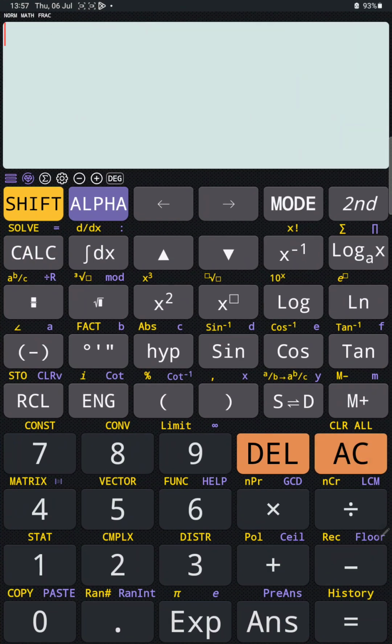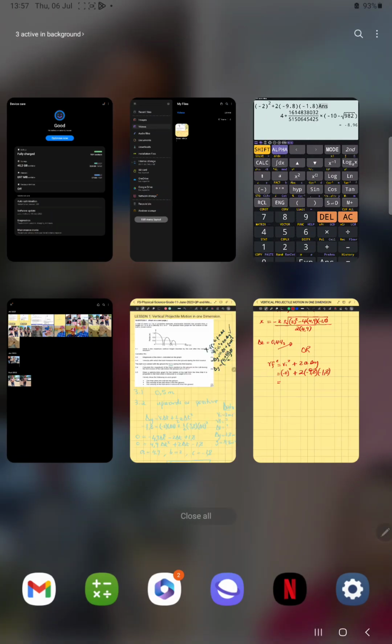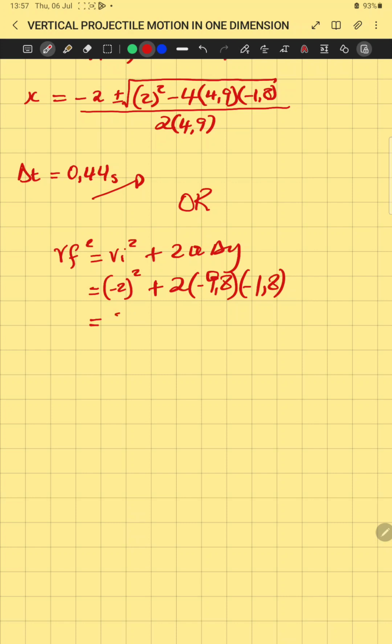In our calculator, -2 all squared, plus 2 times -9.8 times -1.8. Okay, so that must be 39.28.